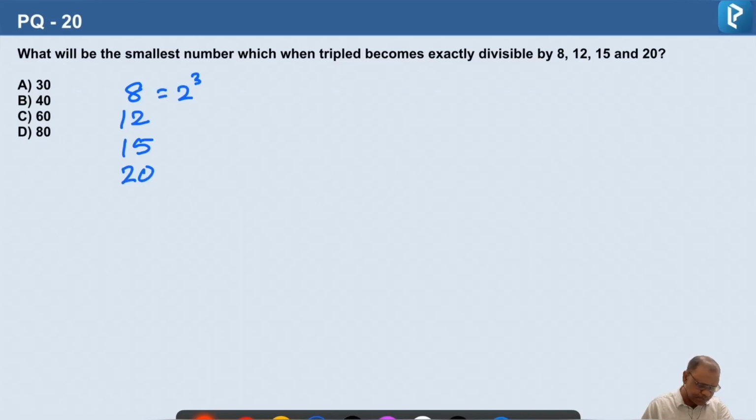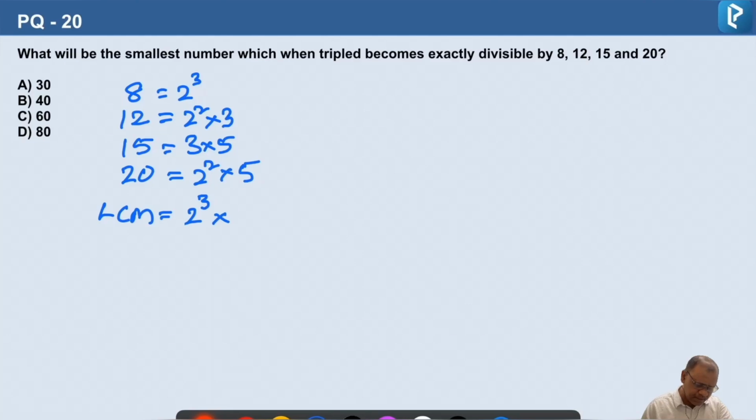This is 2 cube, this is 2 square into 3, this is 3 into 5, this is 4 into 5. So the LCM is the highest powers: 2 to the power 3, 3 to the power 1, 5 to the power 1. So that is 8 into 3 into 5. 8 times 3 is 24, 24 times 5 is 120.